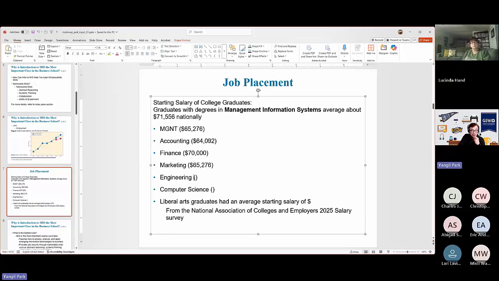But I didn't put in engineering and computer science because they are way ahead of other fields, so I don't want to put those figures. I think you already knew them. Same thing if you compare with the liberal arts, there's a lot of difference. So that's why you're seeing the latest shift of high school students going for business degrees, engineering degrees, or computer science degrees, so they understand what's going on. I think that's one of the advantages of looking at the MIS area as well.